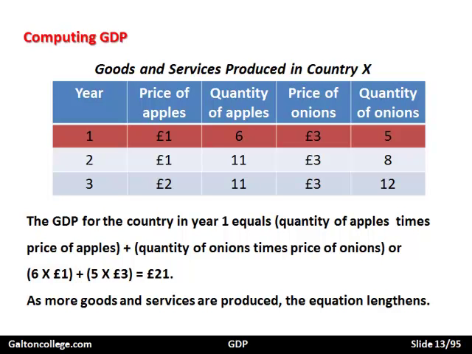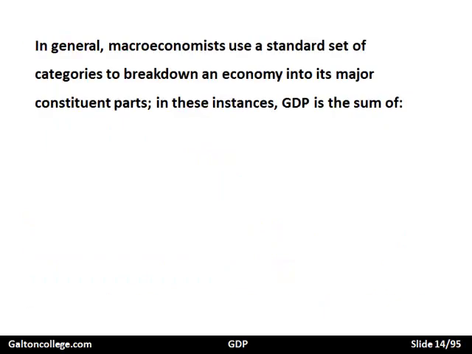As more goods and services are produced, obviously this equation becomes very long because we have to work out the quantities of each good produced and the price of each good. In general, macroeconomists, people who study the macroeconomy, study the economy in total, use a standard set of categories to break down the economy into its major constituent parts.